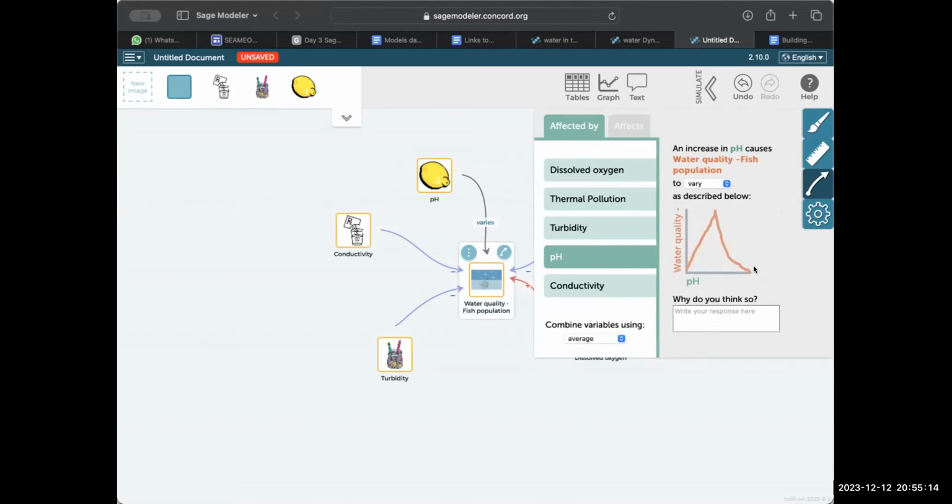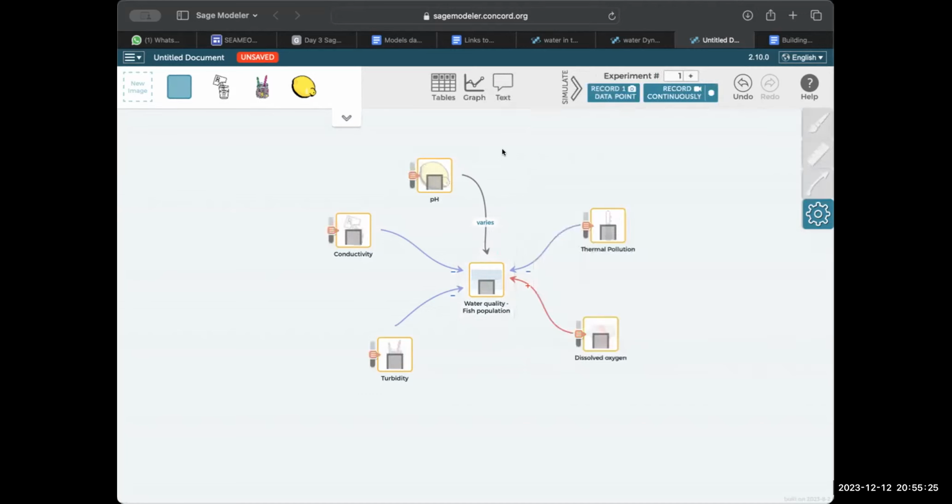So this graph looks like a mountain. If we simulate it, it's supposed to show this kind of graph. So should we see it? Sure. Okay. You can just move the slider on pH up and down.